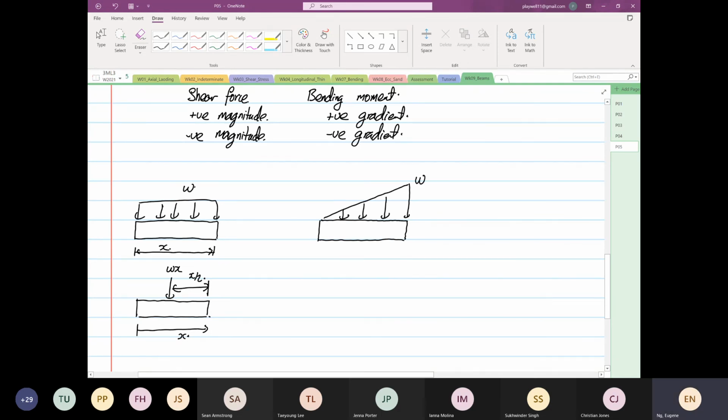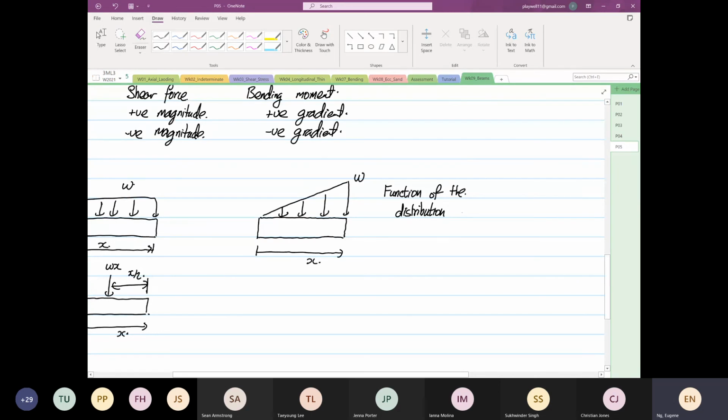So this is omega. The function of the distribution, if this is in terms of X, is omega as a function of X. And then the slope is equal to omega over L x.